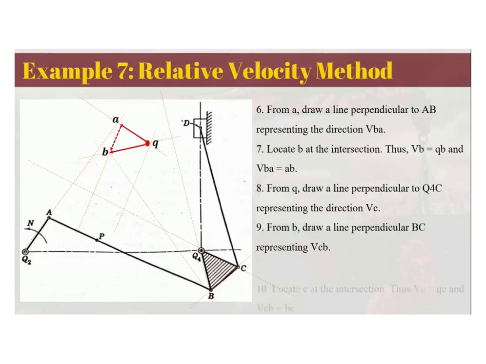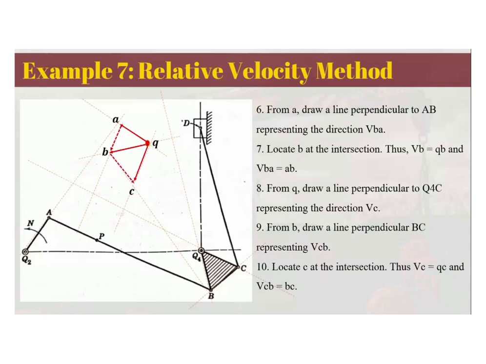So at the point of intersection, you can locate the point C, which is also QC, and QC is the velocity of C. And the line joining B to C is the velocity of C with respect to B. The velocity of C with respect to B is BC in our velocity polygon.